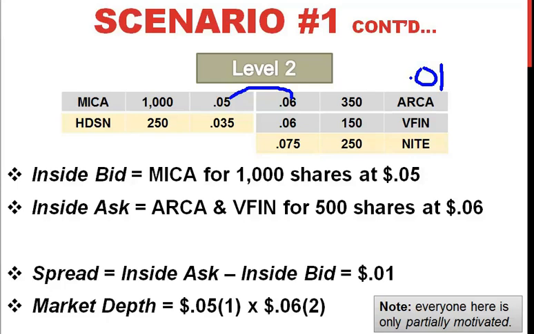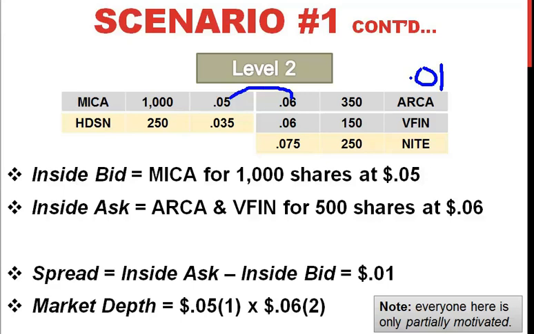Hopefully we can all subtract, but that's all the spread is: the difference between the inside ask and the inside bid. The more I call this the inside bid and inside ask, I think when I talk with people, it's more like best bid and best ask, or top, because it doesn't feel very comfortable for me to say inside bid. But that's nonetheless what people are talking about when they're implying the best possible. It's just inside bid, inside ask.